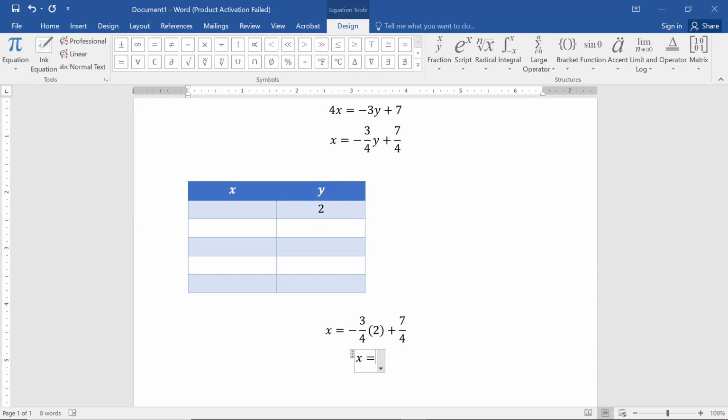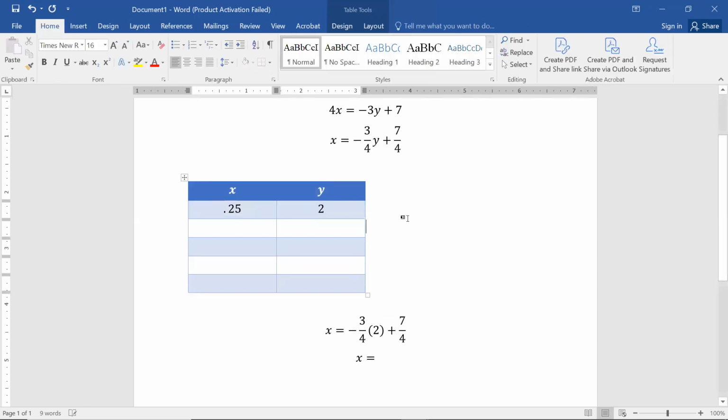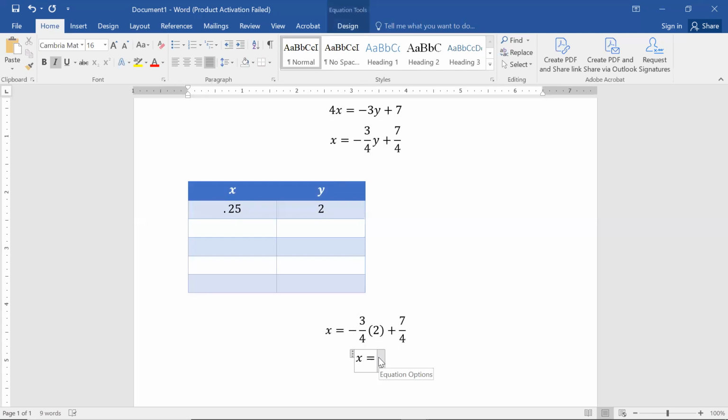Negative 3/4 times 2 plus 7/4 gives me 0.25, or 1/4 if we're dealing with fractions. So it is perfectly okay to solve for x and then plug in numbers for your y if you like.